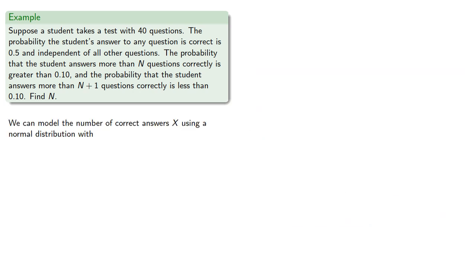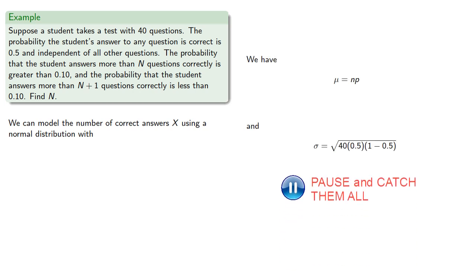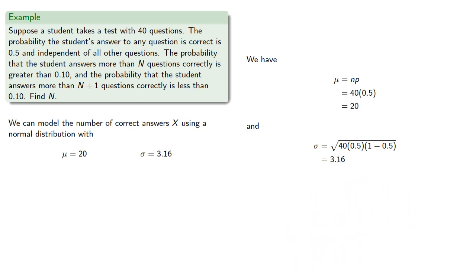So we can model the number of correct answers x using a normal distribution with the same mean and standard deviation as the binomial. So the mean and standard deviation of the binomial will be, and we'll use those as our mean and standard deviation of the normal. Now, since we're given a probability, we'll need the inverse normal distribution.